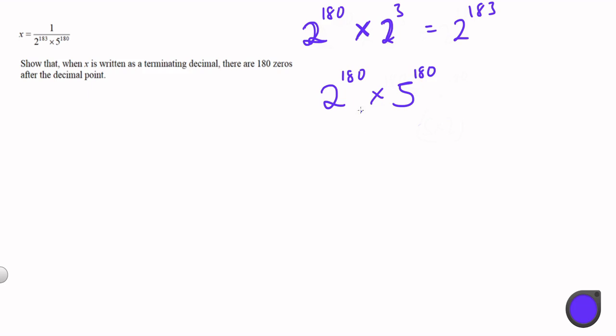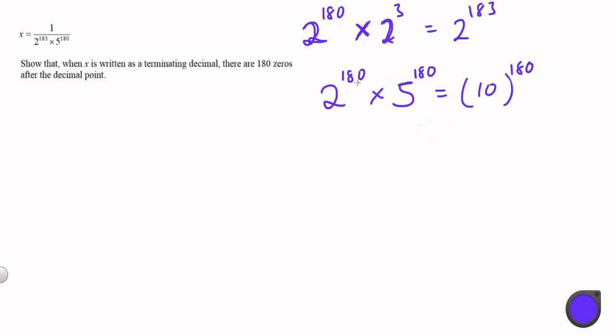In this situation, obviously the base is different, but you notice the indices are the same. So what you can do is just do 2 times 5 to the power of 180. That will give you the same value as what you got on the left hand side. Obviously 2 times 5 is 10.